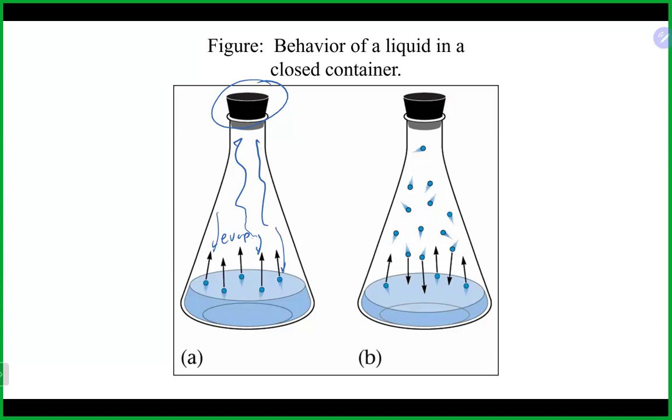Eventually it comes to equilibrium, which means the rate at which molecules leave the liquid to make a gas equals the rate at which gas molecules come back into the liquid phase. If you look really closely at the volume in the closed container, you'll normally see a slight change.